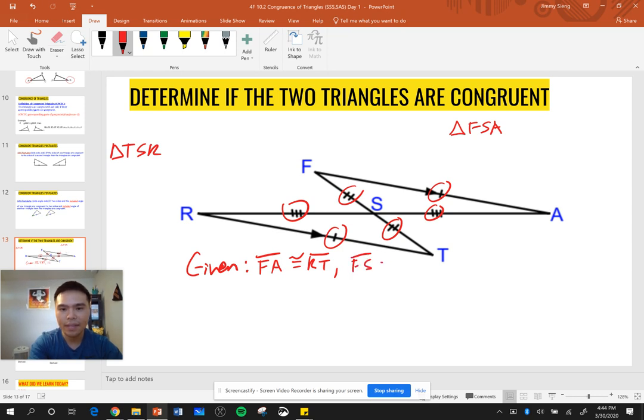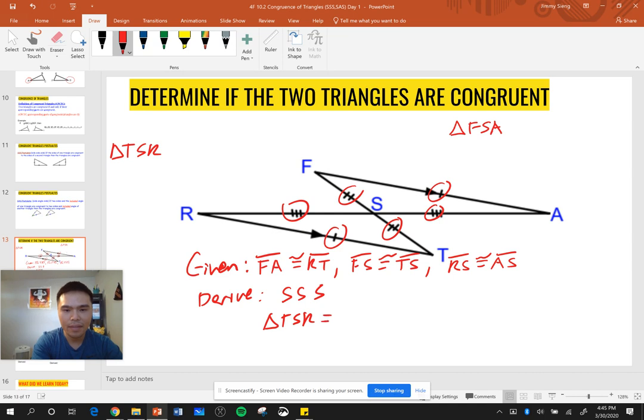FS is congruent to TS. And lastly, RS is congruent to AS. Because all three pieces are congruent, I can derive this as side, side, side, SSS, and say that triangle TSR is congruent to FSA.